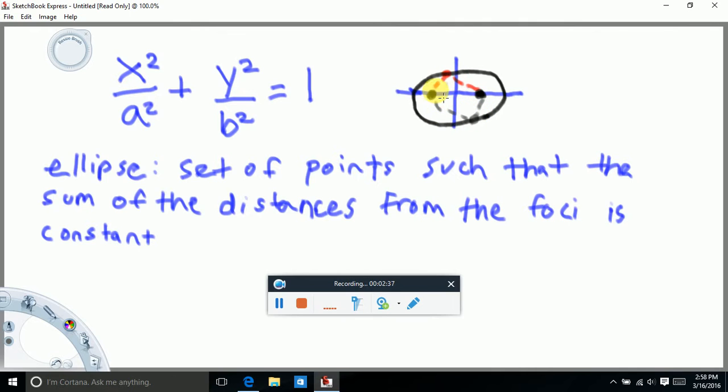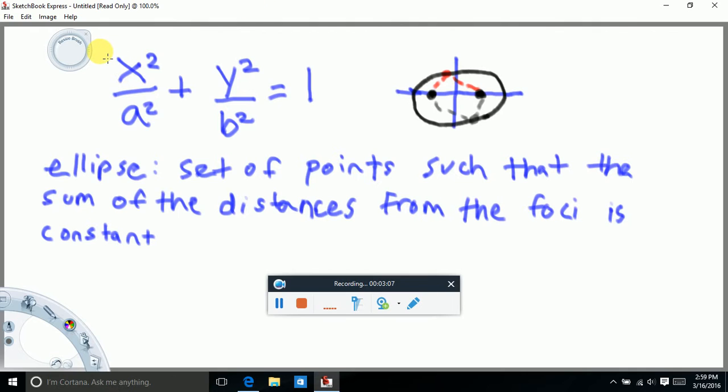So those two distances, the sum of these two is the same as the sum of these two. And if you remember from the last lecture, this right here is your major axis, the one that's longer, and the one that's shorter is your minor axis.